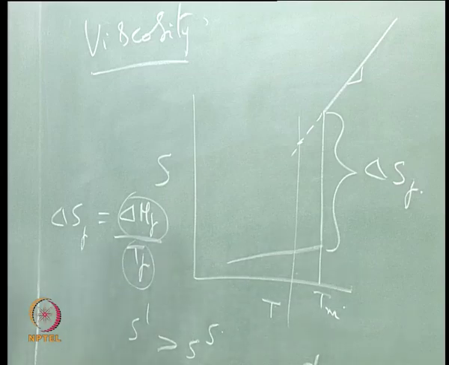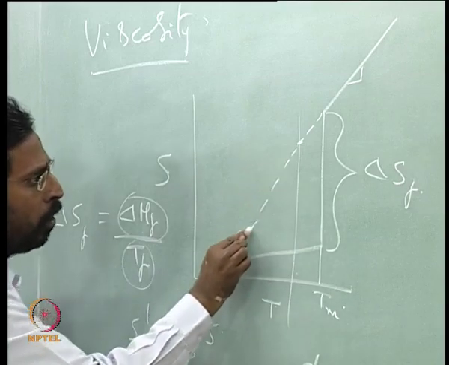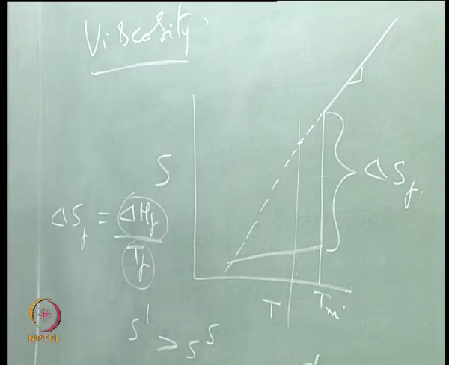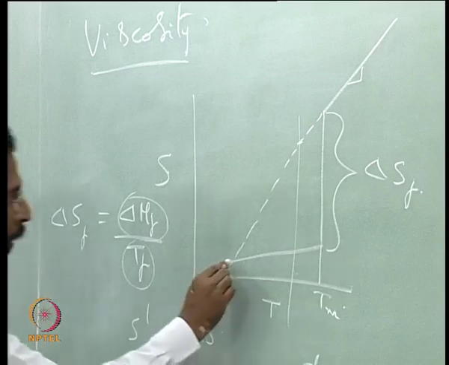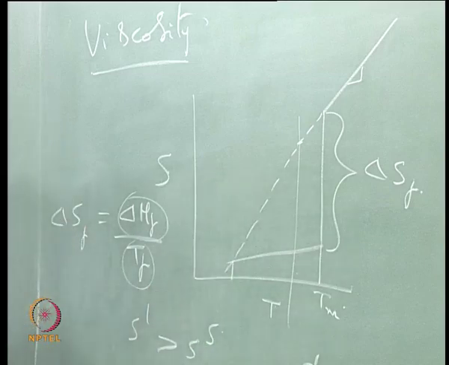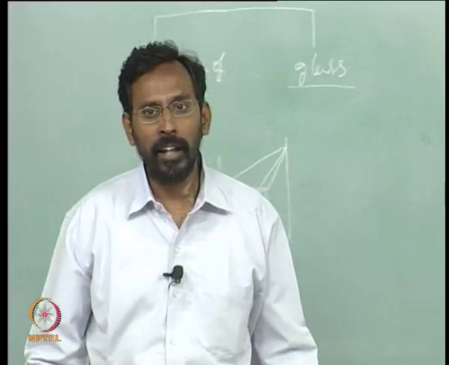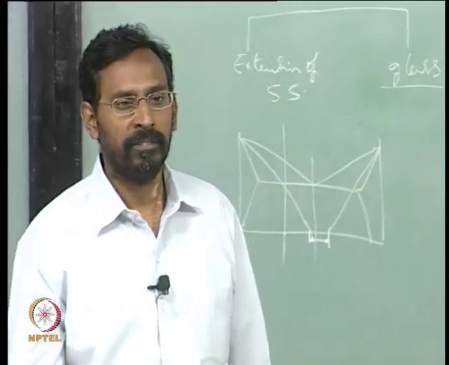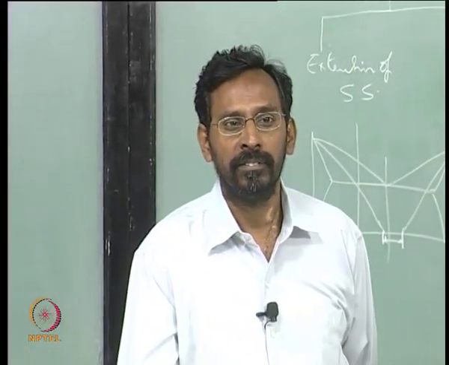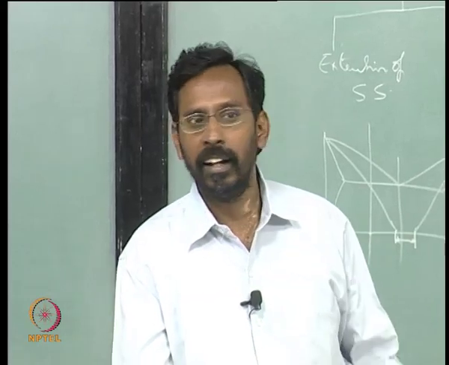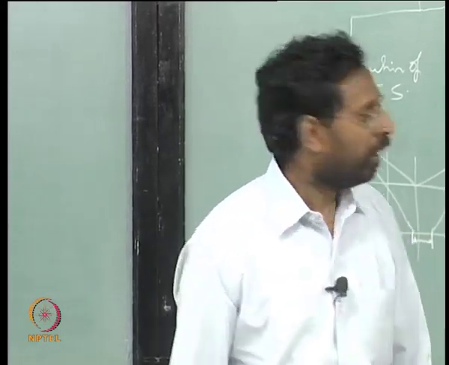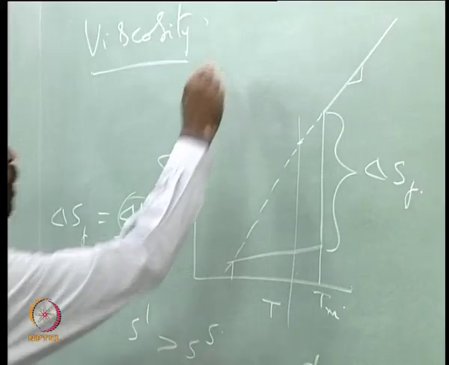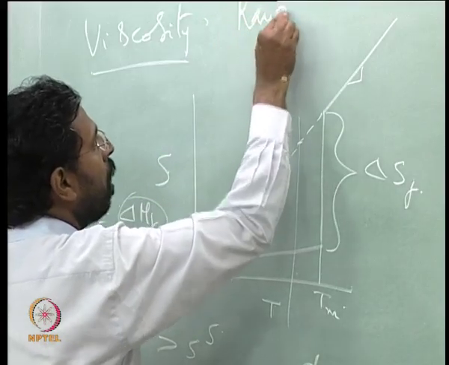So if I keep extrapolating that to very low temperatures, I will come to a situation where at some particular temperature suddenly I start seeing that below that temperature the entropy of the liquid becomes lower than the entropy of the solid, which is absurd, isn't it? It is like a paradox, and this particular paradox is what people call the Kauzmann paradox.